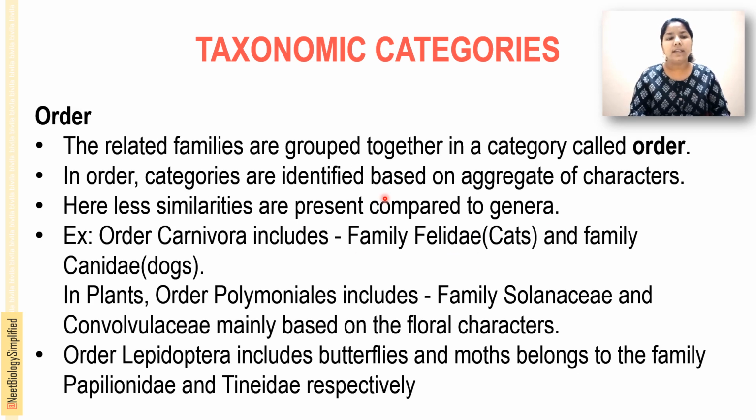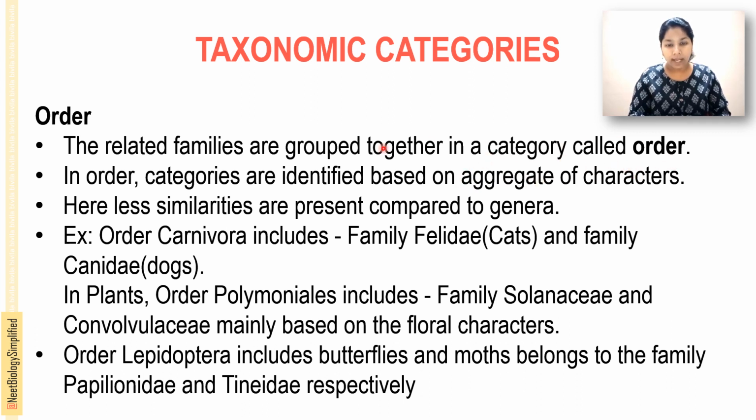Next category is the order. Related families are grouped together in a category called order. In order, categories are identified based on the aggregates of characters, that is, a group of characters, not a single character.